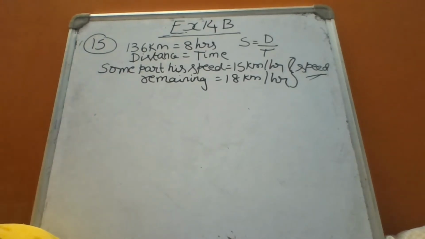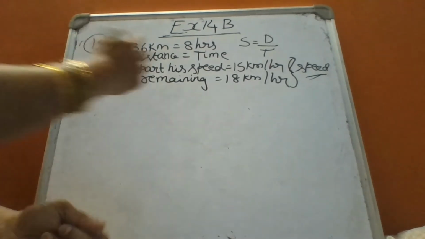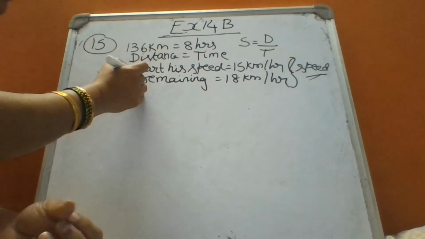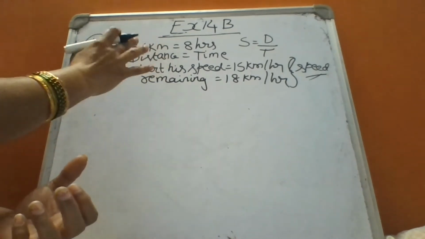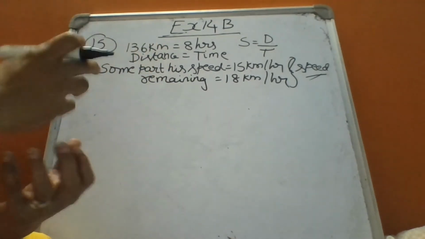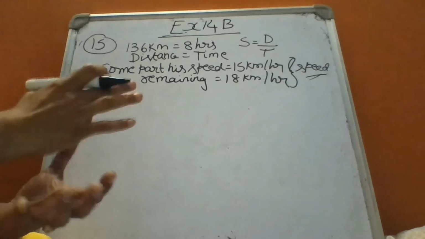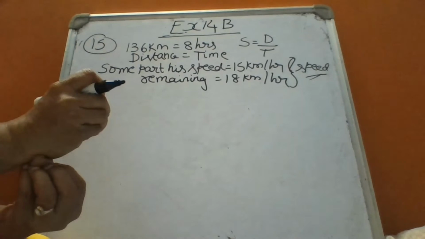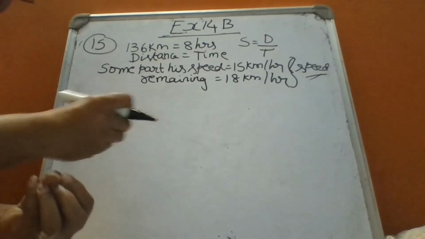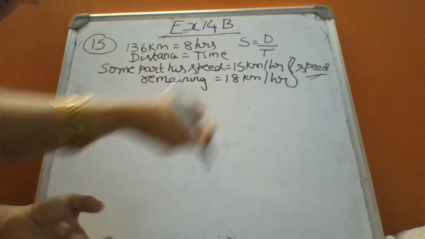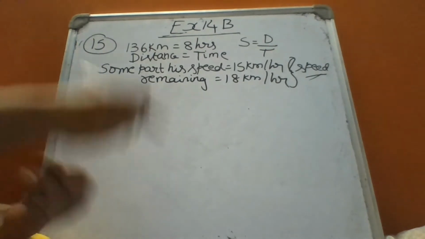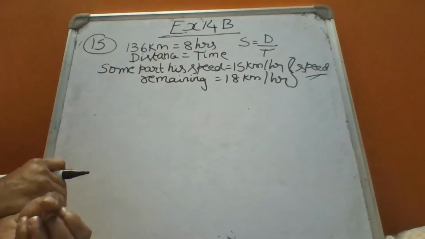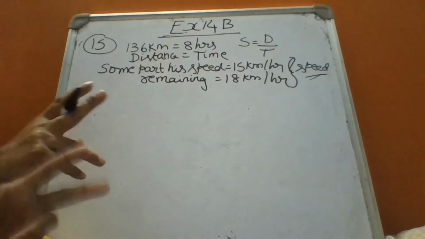Now we know that he has travelled a total distance of 136 kilometer. Out of this 136 kilometer, some part he covered with 15 kilometer per hour and some part of the distance he has covered with 18 kilometer per hour. There are two different speeds.